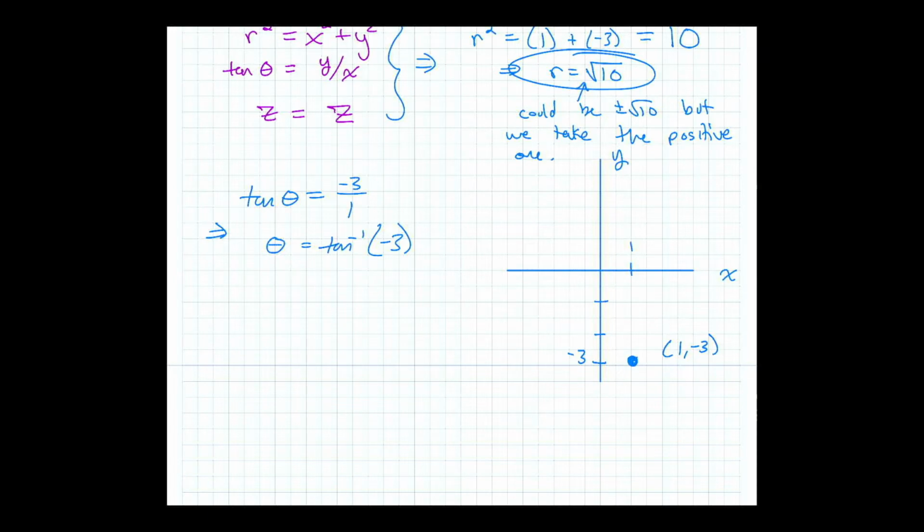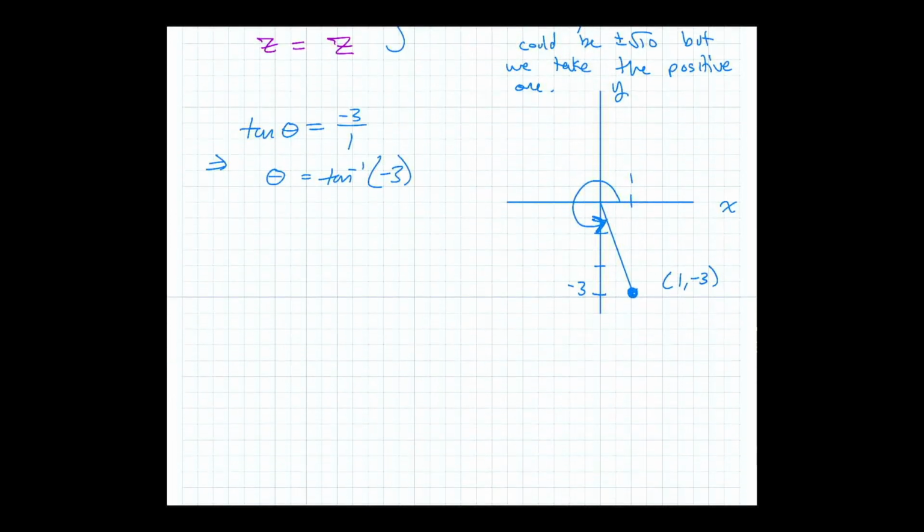Now, if you're trying to find the angle theta, then you have to measure all the way around like this. Tangent theta equals -3/1, I want that.